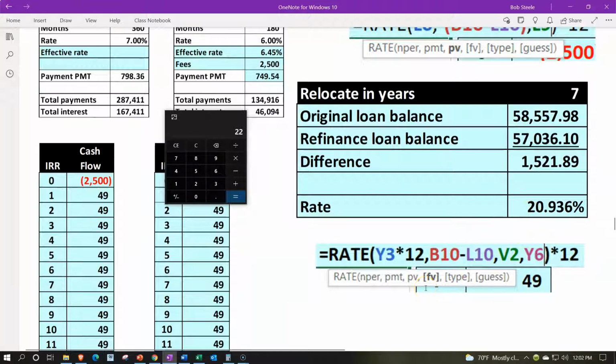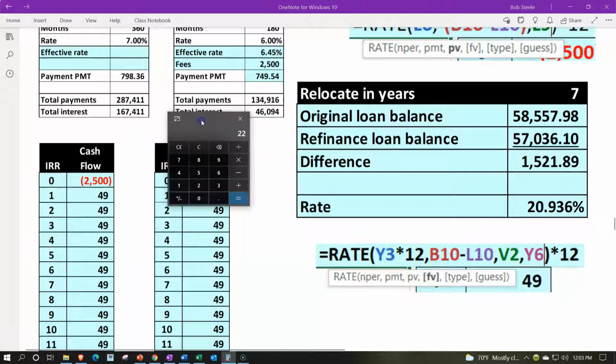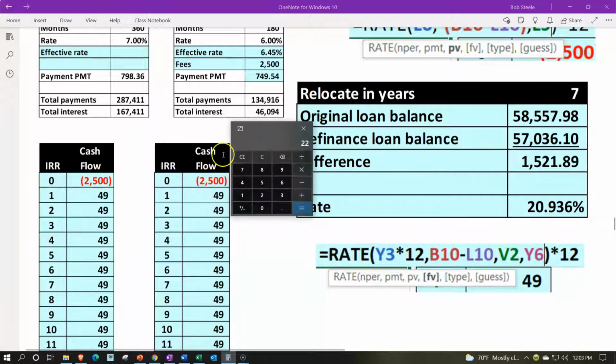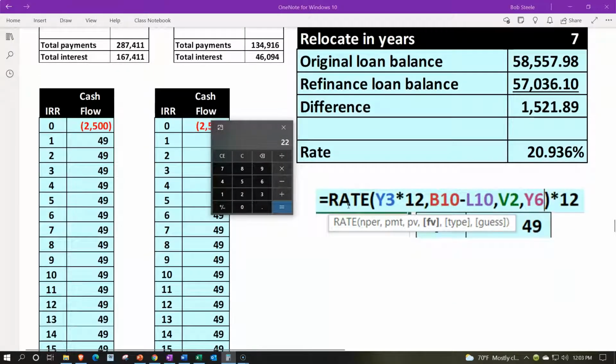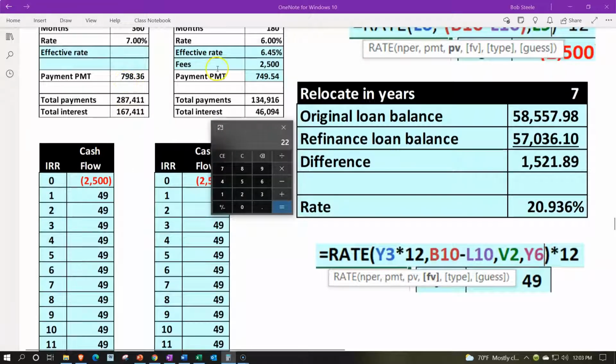Now this one gets a little bit complicated to calculate the rate calculation on it, but in essence we're adding kind of like a future value calculation on it. So again, the IRR, the cash flow, is often a useful tool to think about it in a bit more depth. If you could do both, you can feel like you're double checking yourself a bit. So we got the rate, we got the number of periods. The number of periods would now be 7 times 12 to get the monthly amount. The payment once again is going to be that 48 something, the difference between these two payments.